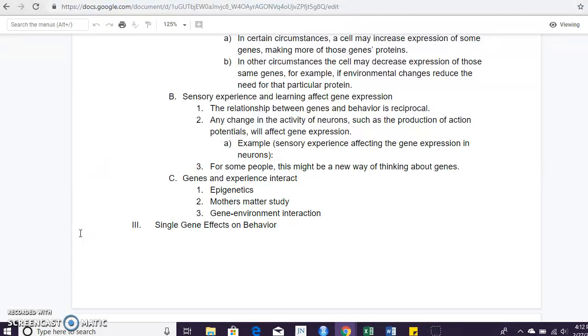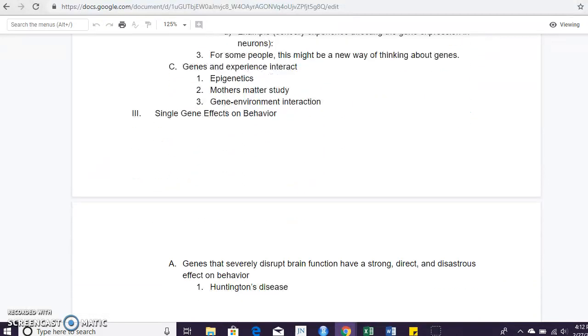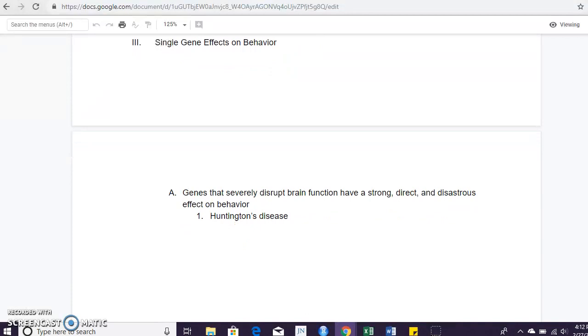The last topic that this segment goes into, that's mainly in the next segment, is single gene effects on behavior. There are genes that severely disrupt brain function. Genes that severely disrupt brain function have a strong and direct and disastrous effect on behavior.